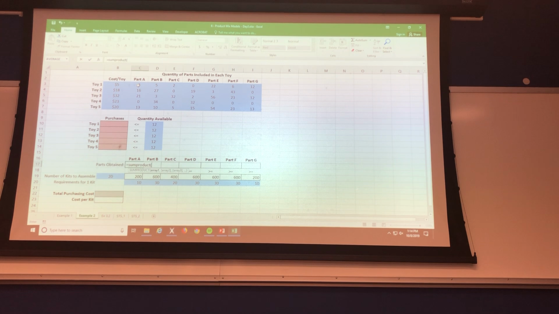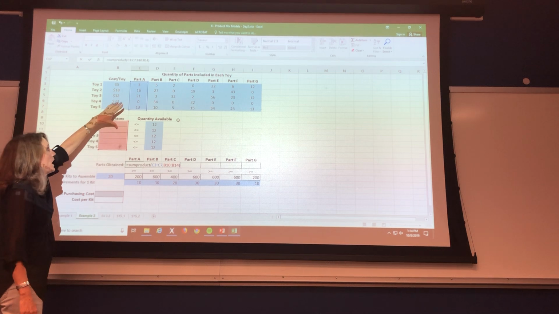So I'll put in the part A's, because that's how many are in each toy, and the purchases, because you are going to be buying multiple of the different toys that are available to you. So it's some product of those two areas.